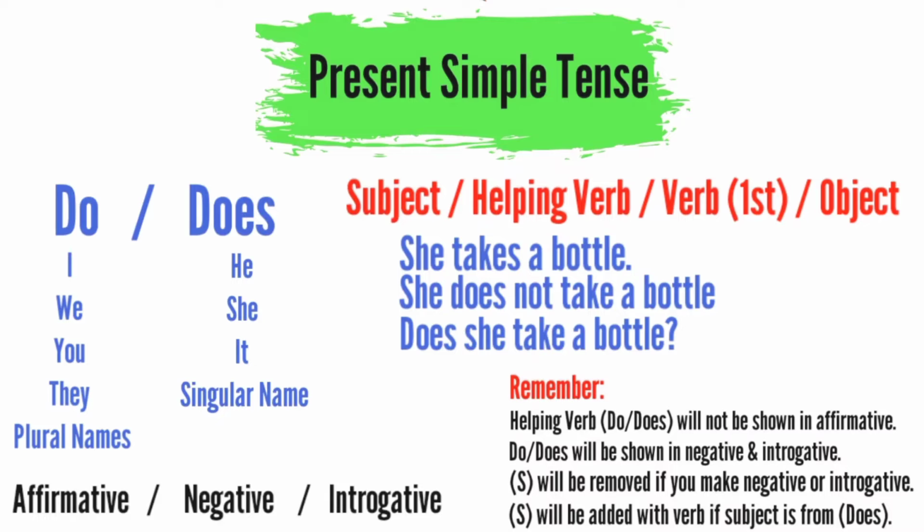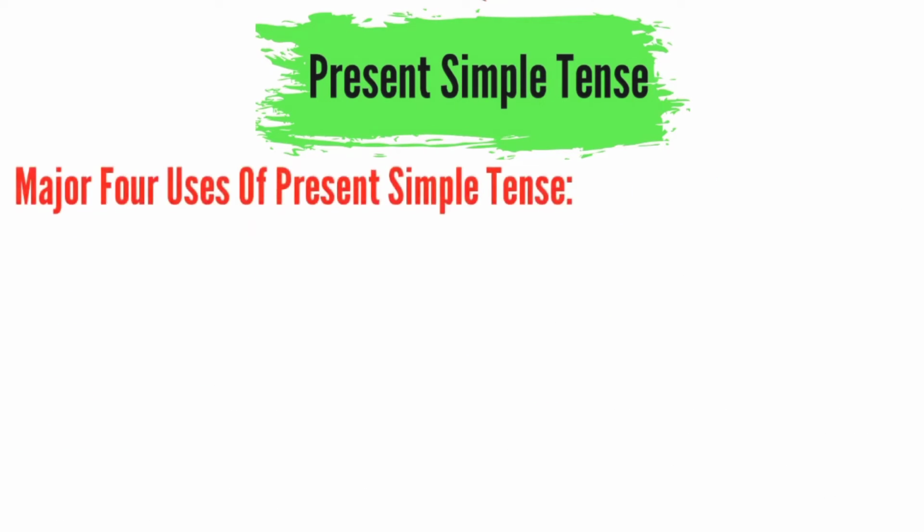Third is s will be added with the verb if subject comes from does category, and that same s will be removed if you make the same sentence in negative and interrogative form. So I hope you understood very well present simple tense, its grammatically constructional parts, that is how to construct a present simple tense. Now let's discuss the four major uses of this present simple tense.